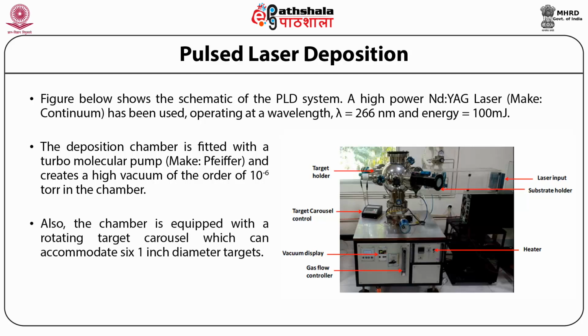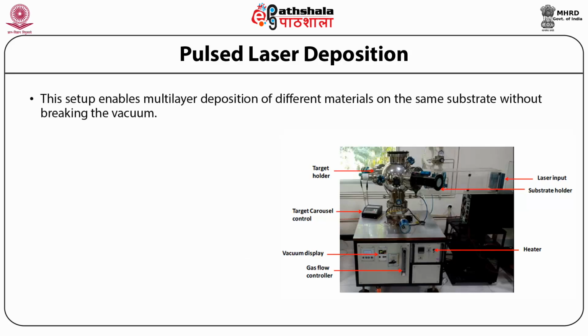Also, the chamber is equipped with a rotating target carousel which can accommodate 6 one-inch diameter targets. This setup enables multi-layer deposition of different materials on the same substrate without breaking the vacuum.